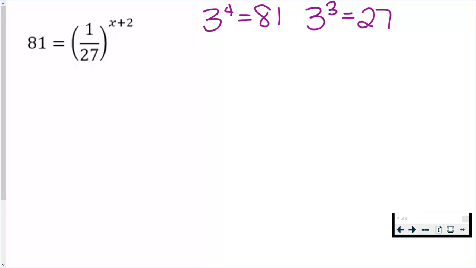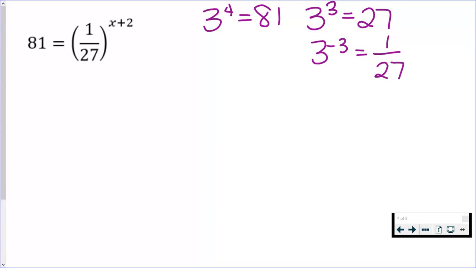Now, one issue is I don't want 27, I want 1 over 27. So according to exponent rules, if you have a negative exponent, your base is flipping. So all I have to do is make this 3 to the negative 3rd power. If I change it to a negative, the base flips and it becomes 1 over 3, and then I'm raising that to the 3rd power, which is what gives me 1 over 27.